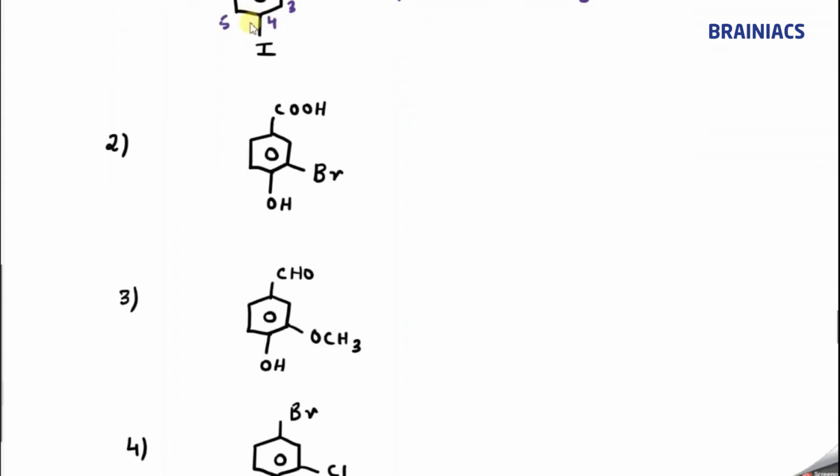Now we'll go to the next question. So COOH and OH, who will be the functional group? COOH. So it's a derivative of carboxylic acid. So we'll start numbering 1 here. So if we go like this, 2, 3 will come here. So this is 2, this is 3, this is 4, this is 5, this is 6. So the lowest possible locant is 1, 3, 4. Correct? So what is the name of this compound? At third position you have bromo, and at fourth position you have hydroxy. Alphabetically bromo will come first.